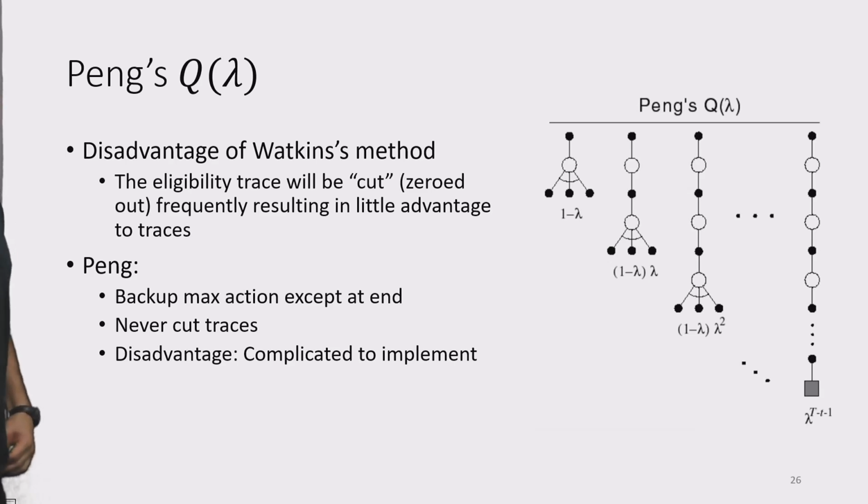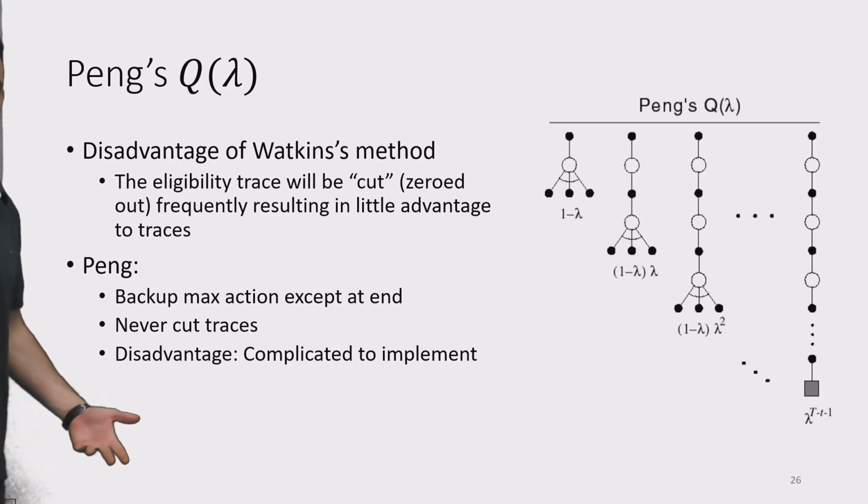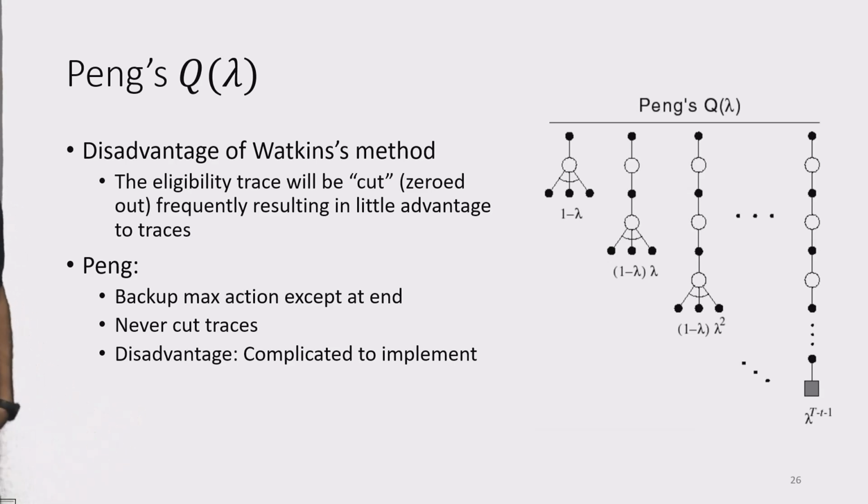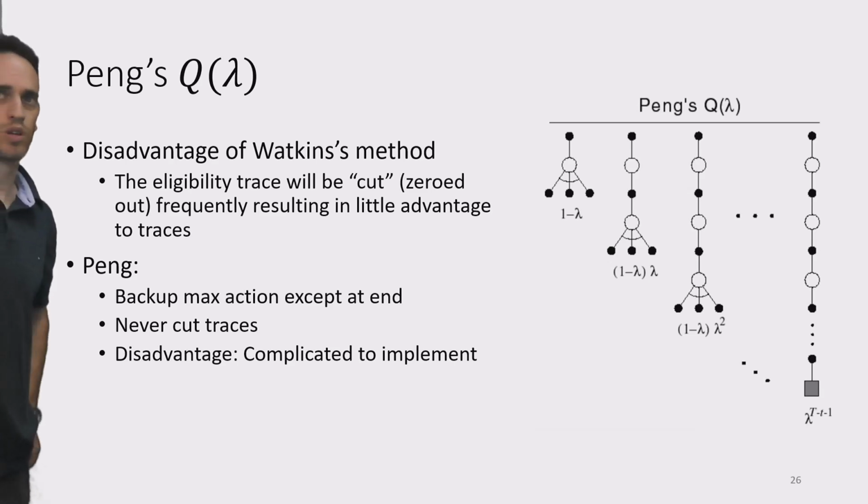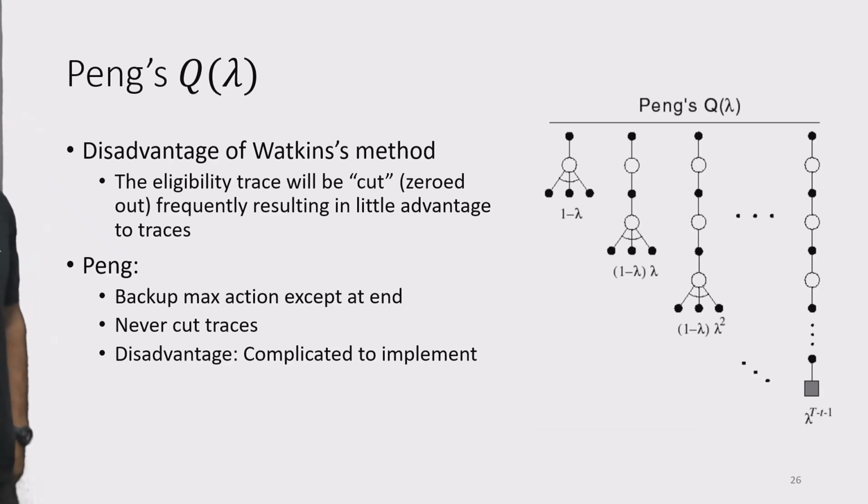Next, we have Peng's Q lambda. So this is a bit of a more advanced version. It tries to address the disadvantages of Watkins's method, where the eligibility trace will be cut or zeroed out frequently. Each time we take a random action, it will be zeroed out. And this might not be sample efficient, right?